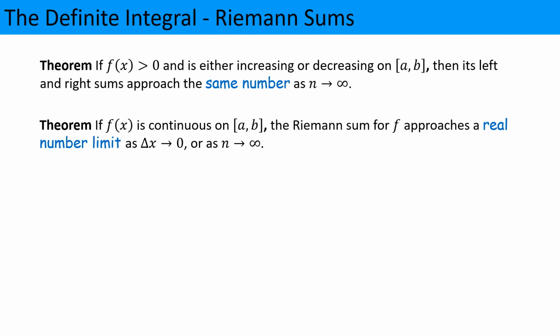Delta x going to 0 means we are making the rectangles narrower and narrower, almost to the point where it's like 0, and n goes to infinity means that we are increasing the number of rectangles so many that it is no longer countable.